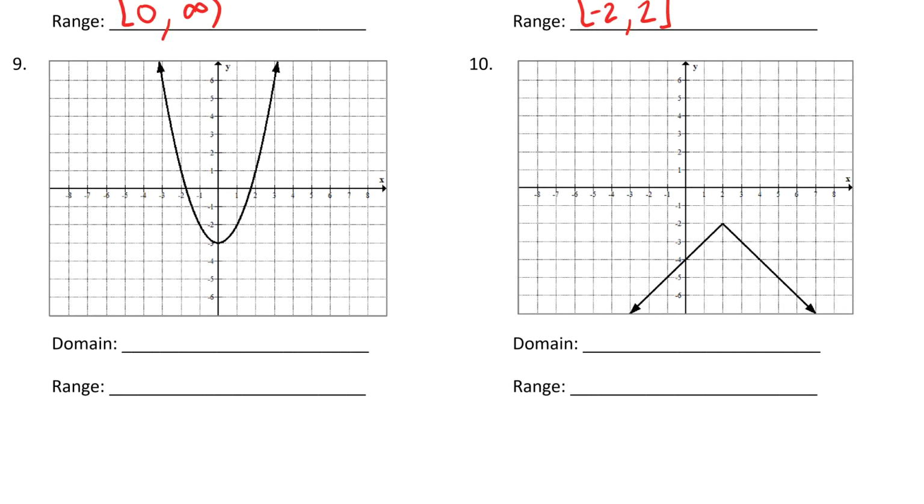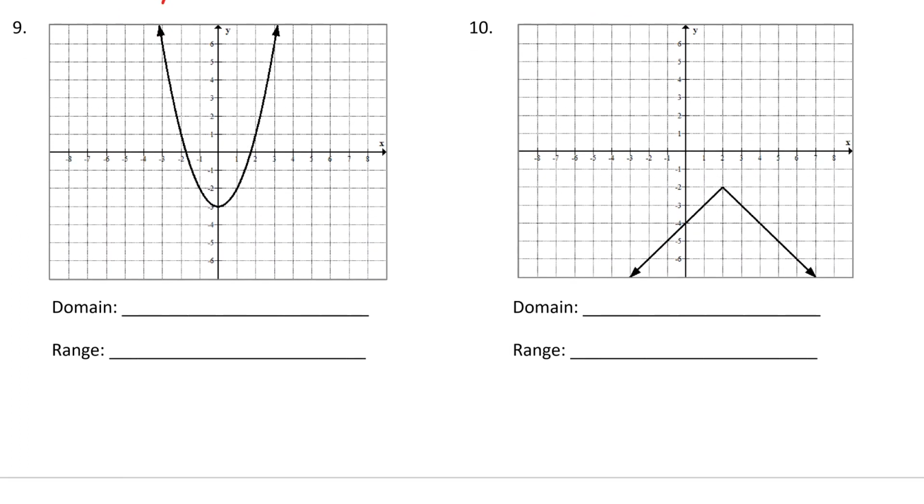All right, last two. So for number 9, domain first, so leftmost point, we see an arrow, so negative infinity. Rightmost point, we see an arrow, so positive infinity.